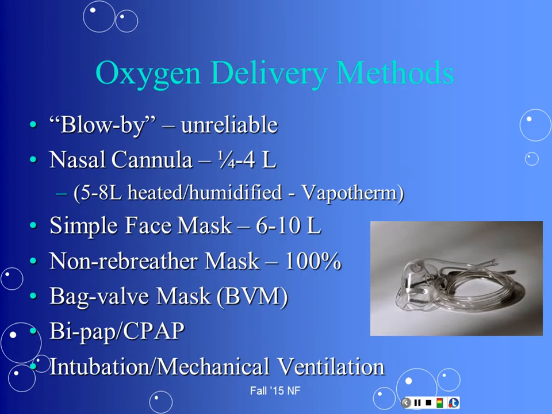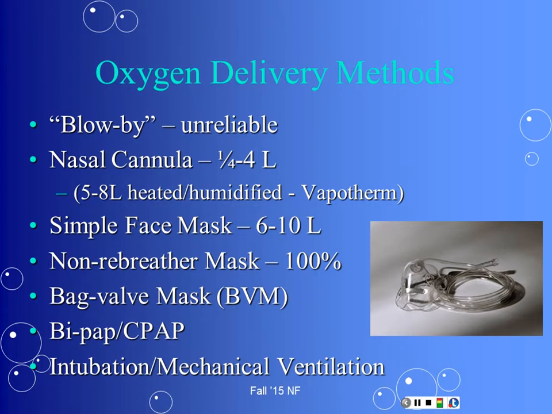You may see Vapotherm or something called Optiflow, O-P-T-I flow, and that's going to be your 5 to 8 or 5 to 10 liters of heated, humidified oxygen. So that's your nasal cannula on steroids. All right, so high flow.